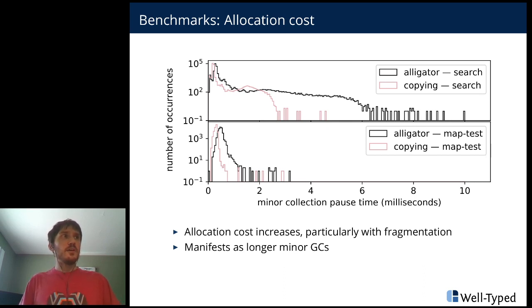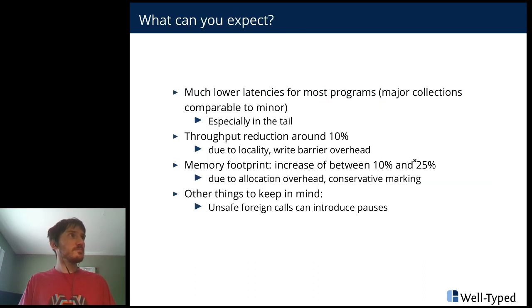This is common and is part of the reason why we see a reduction in throughput, between 5 and 15% typically is the range that we often see. Some cases, nofib benchmarks in particular, are considerably worse in throughput, but they're quite poor as representatives of server workloads, so I tend not to worry about this too much.